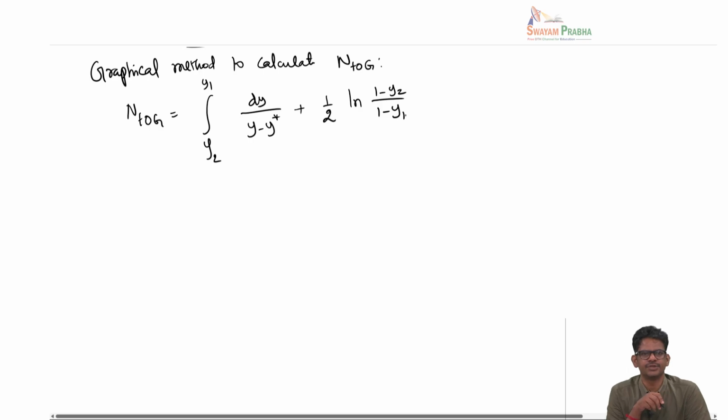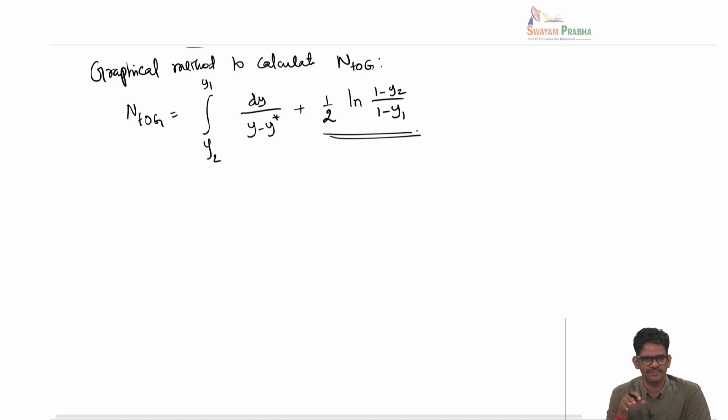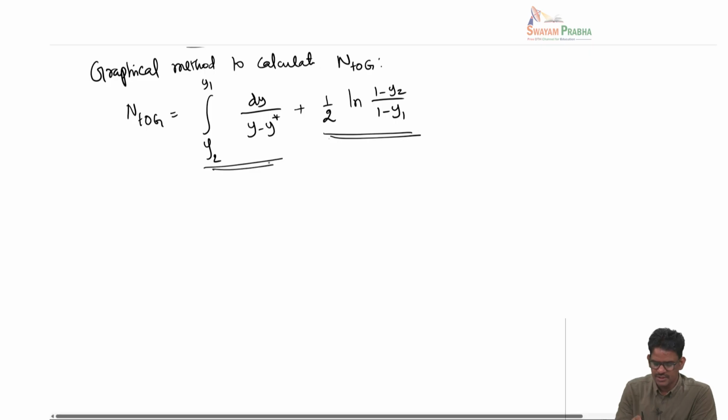So this is the definition of NTOG. Here this term is easy to calculate because it involves only the composition at the beginning and the end of the column. Only this integral is the one that we want to calculate. So now let's talk about this particular integral alone.